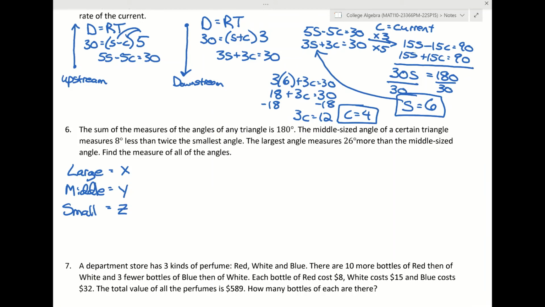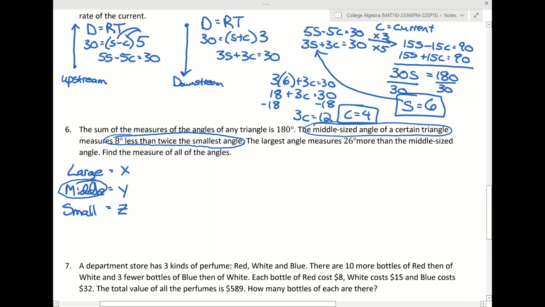So it says the middle angle, that's this one, is 8 less than twice the smallest angle. Here's the smallest one. How do we say the middle is 8 degrees less than twice the smallest angle? Close, not 8 minus 2Z. That's kind of the wrong way around.